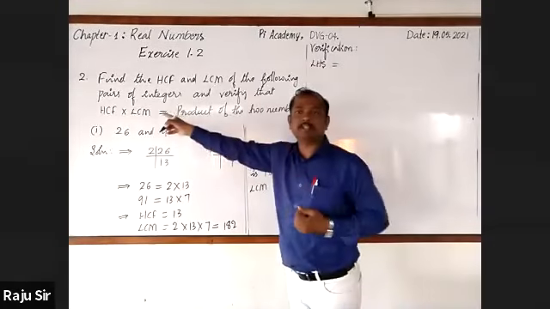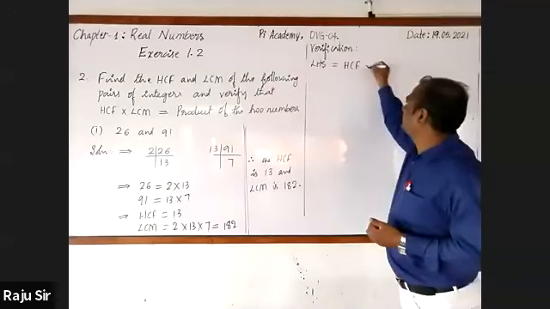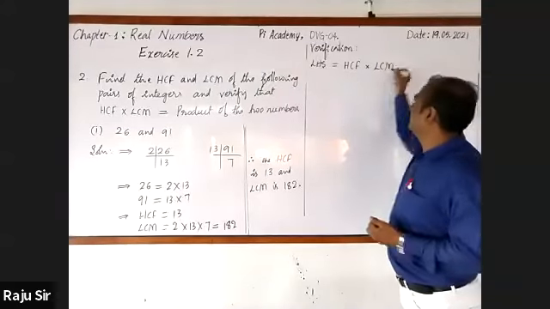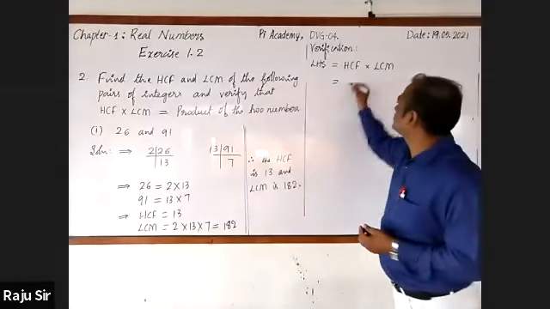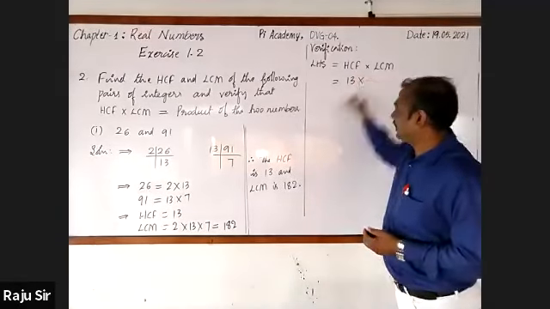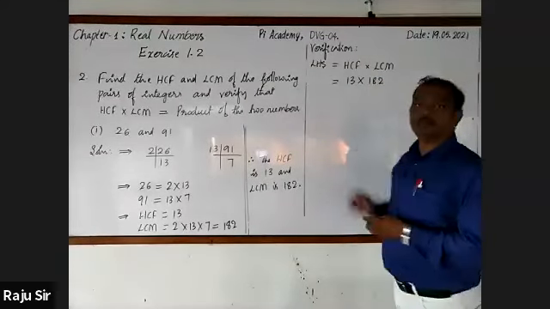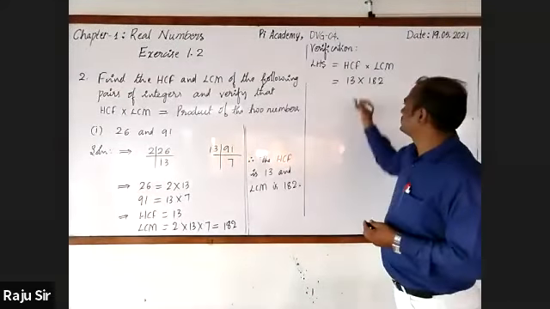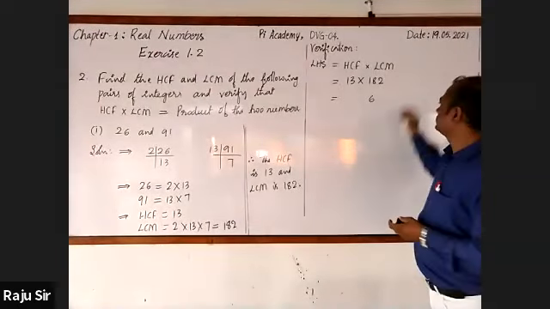I'll take the LHS part of the statement. That is HCF into LCM, where HCF is 13 and LCM is 182. Multiply these two.